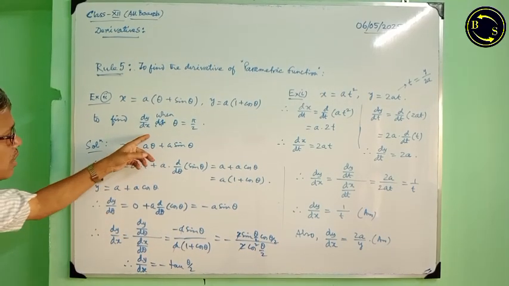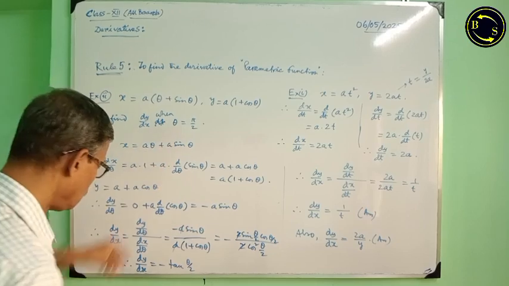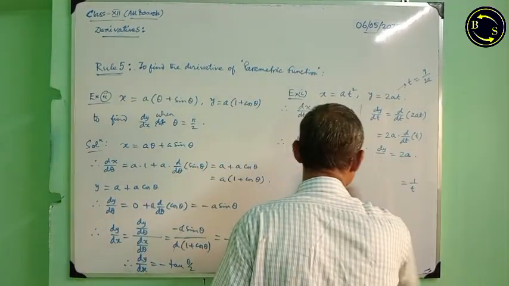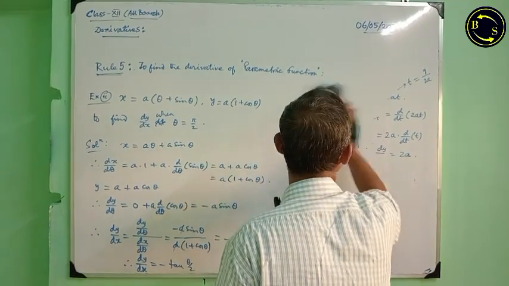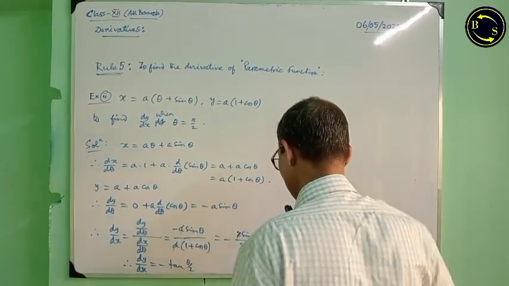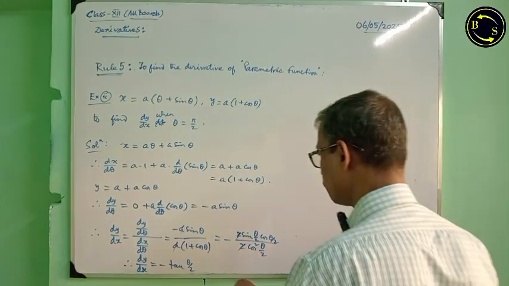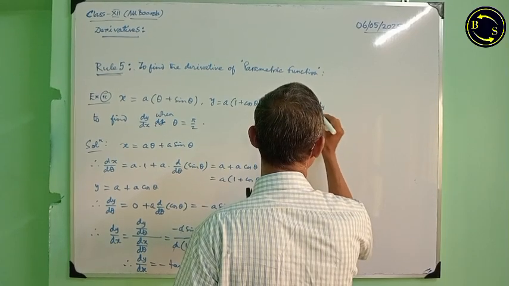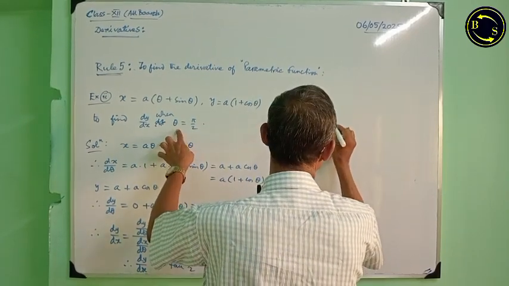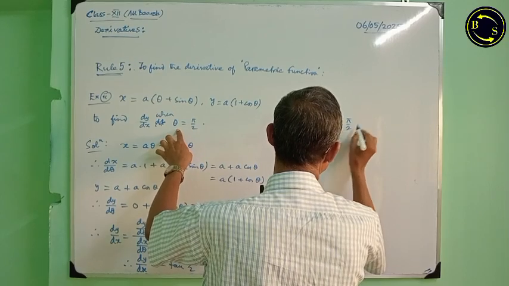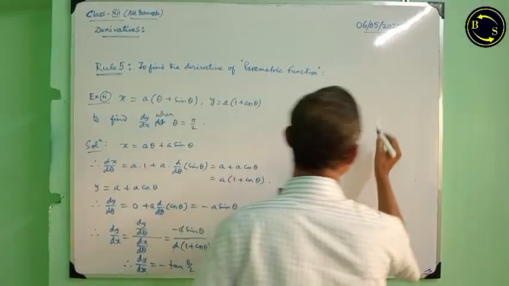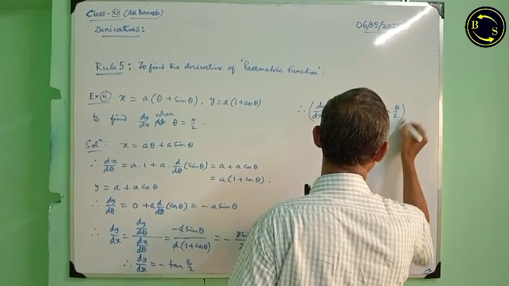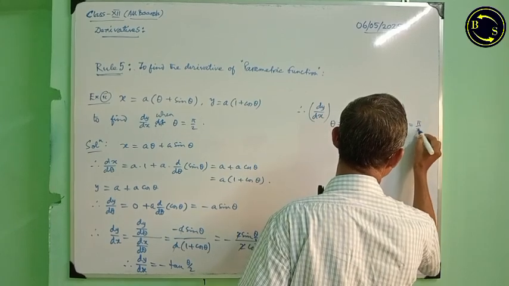Now we have to find the derivative when theta equal to pi by 2. Just at this step, we have to put the value of theta. Therefore, dy/dx at theta equal to pi by 2 is equal to minus tan theta by 2 when theta equal to pi by 2.